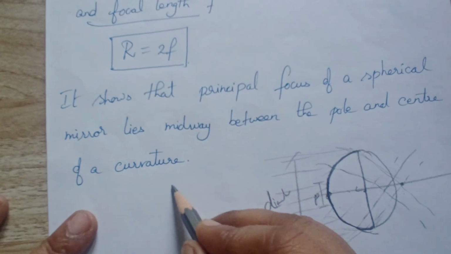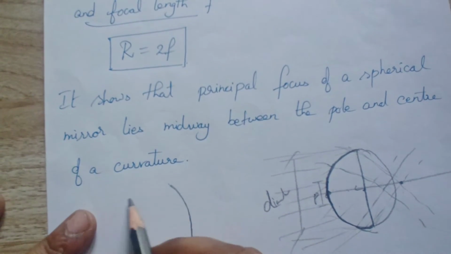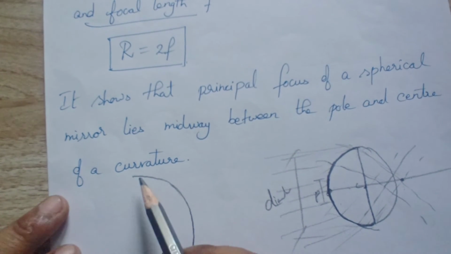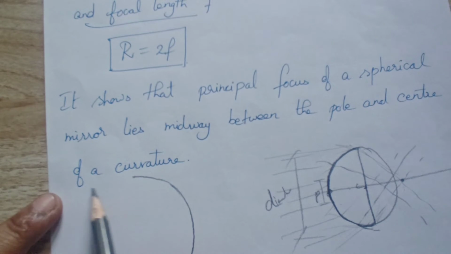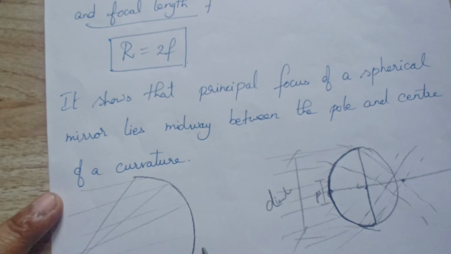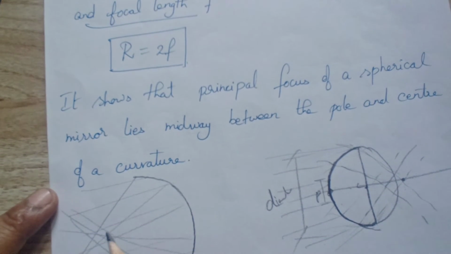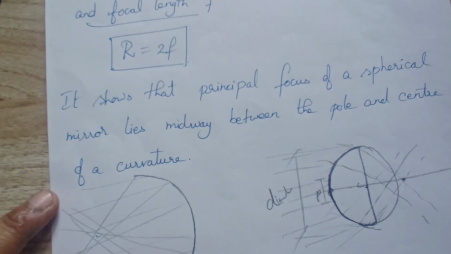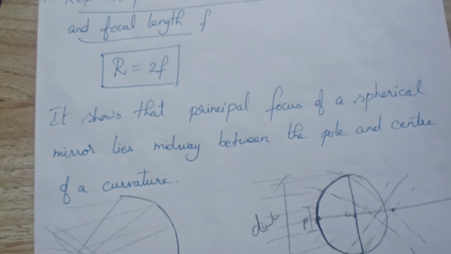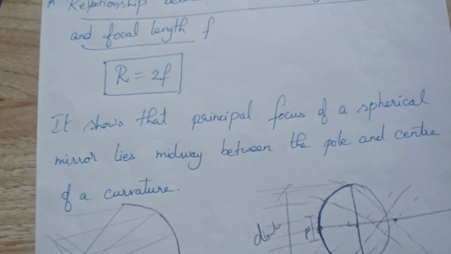See, if you draw this concave mirror and the aperture is big, the light falls on this and is reflected back, right? You will not get a single focal point. It will not be focused at a single point, so you will get a blurred image. So in this study we will consider only the smaller aperture.